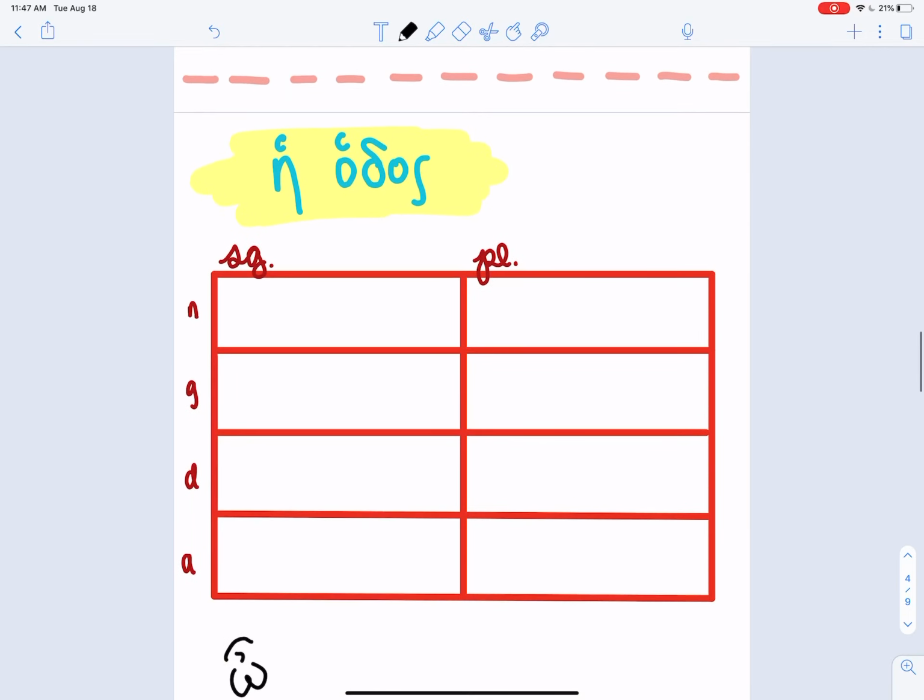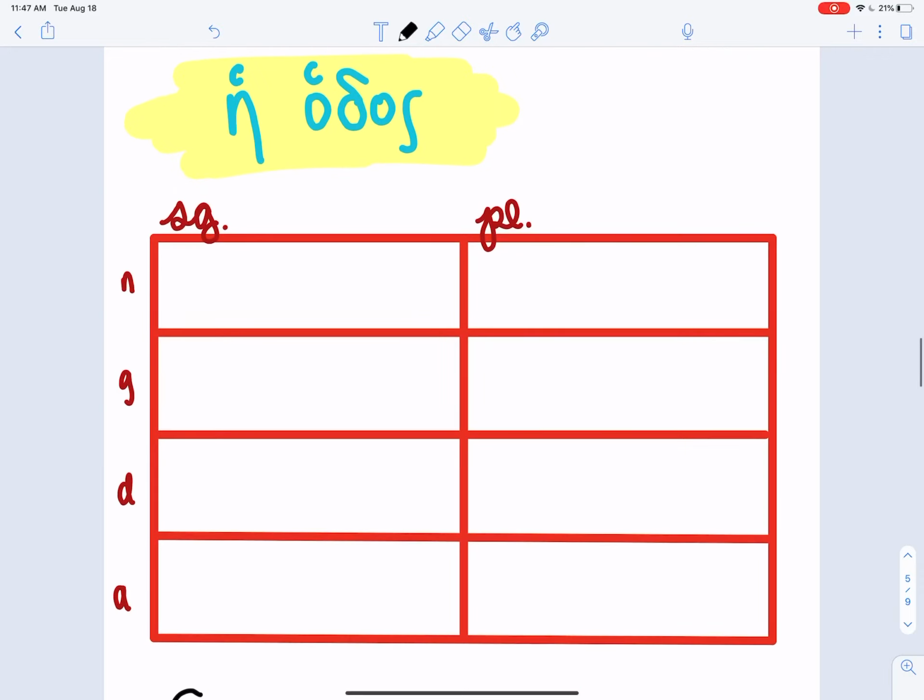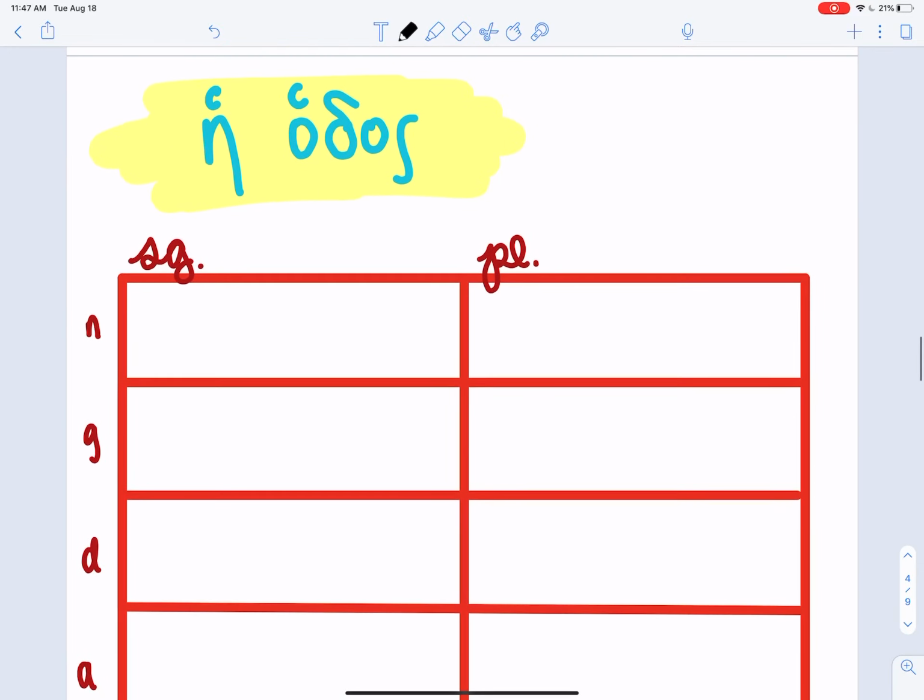And now let's move to our second example. So this one I picked because I love that the endings don't match, because that makes it a little bit trickier. So hodos is a road or journey, and what's interesting is that although it has these second declension endings as if it would be masculine, it's actually feminine, and we can tell that by our feminine definite article.